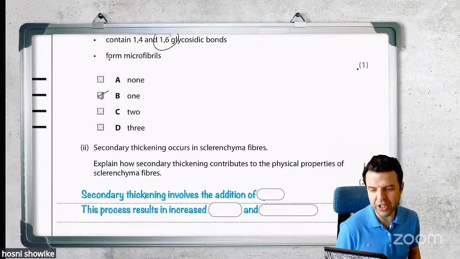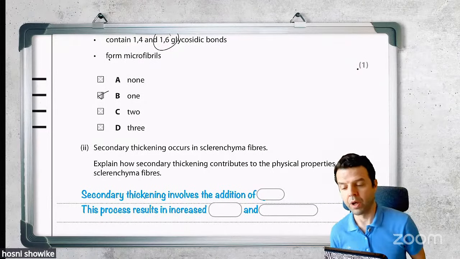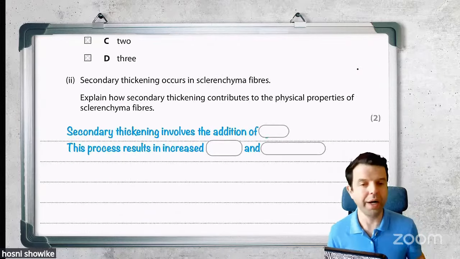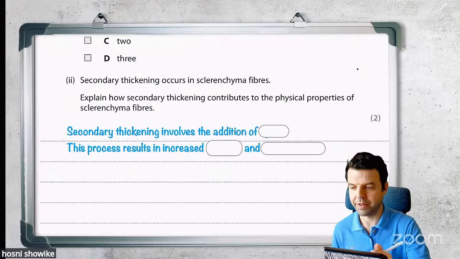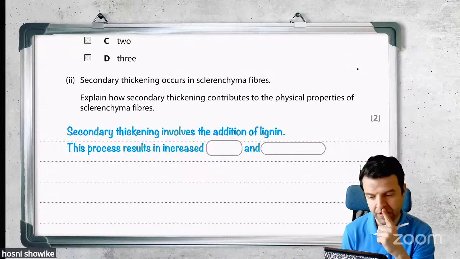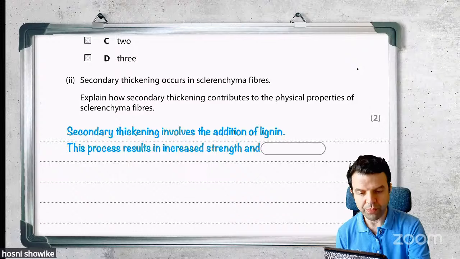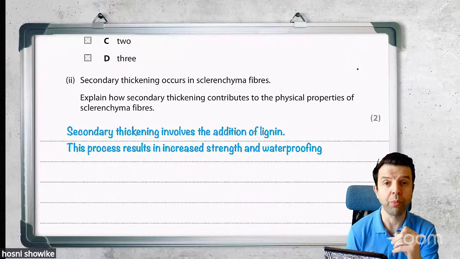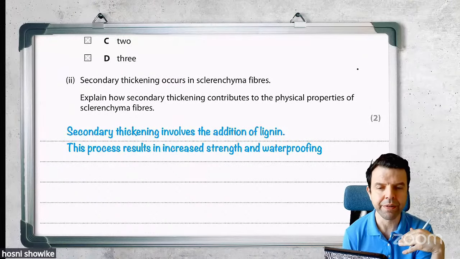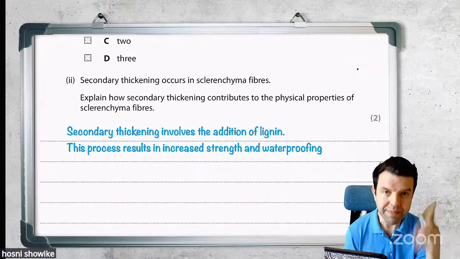Explain how secondary thickening contributes to the physical properties of sclerenchyma. So why is having lignin quite helpful for sclerenchyma? It adds strength, support, and waterproofing. Now, the waterproofing part is not really necessary here, because sclerenchyma doesn't transport water, but sometimes it's necessary.